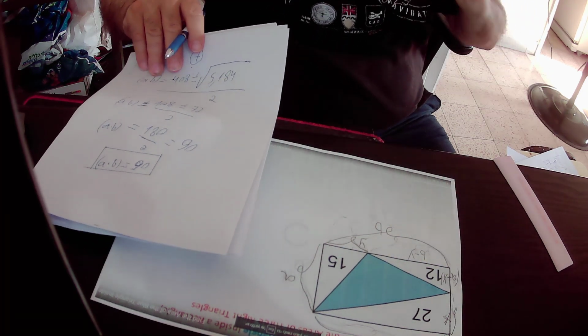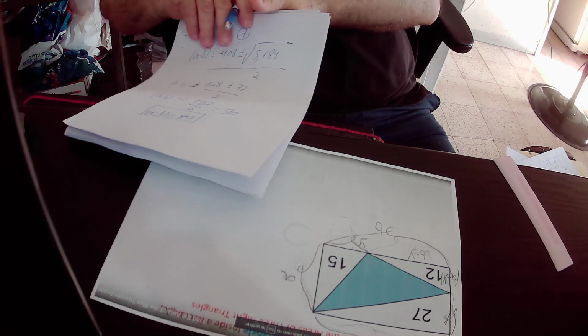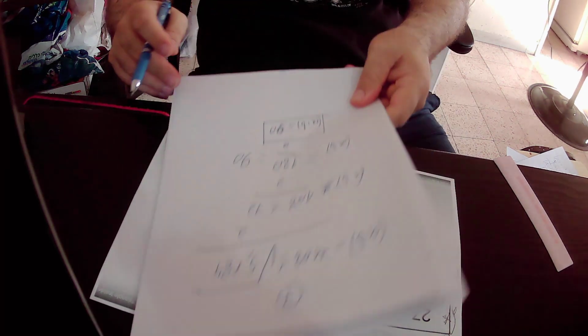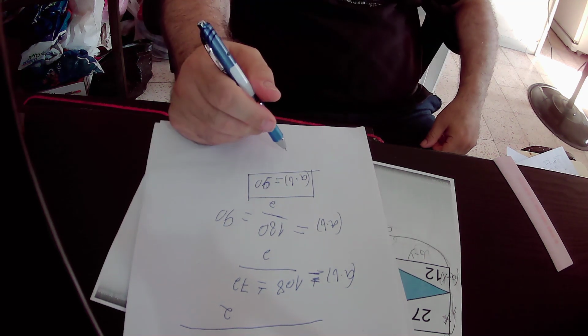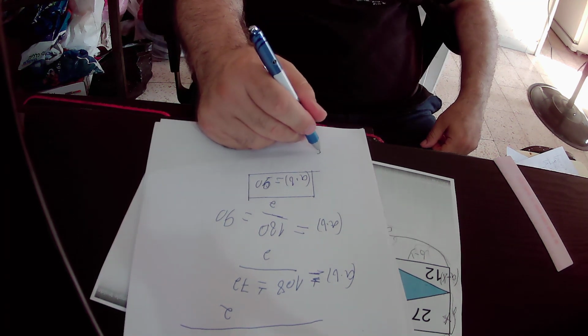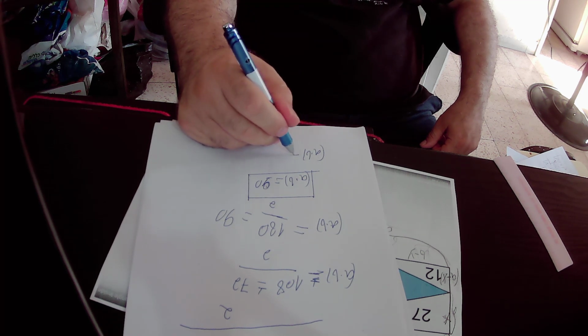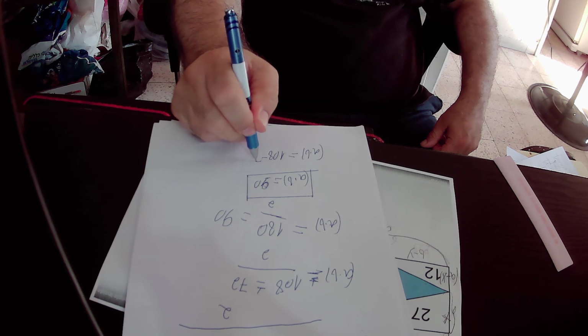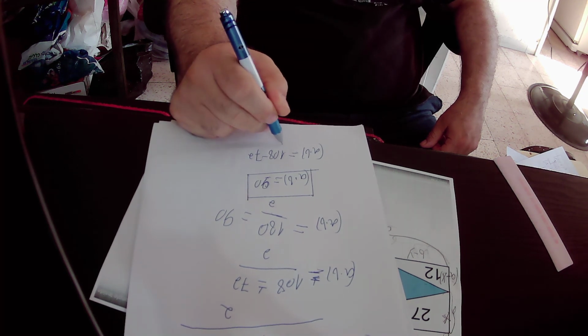This is the first solution, but we also have to consider the second solution. It is A times B equals 108 minus 72, divided by 2.